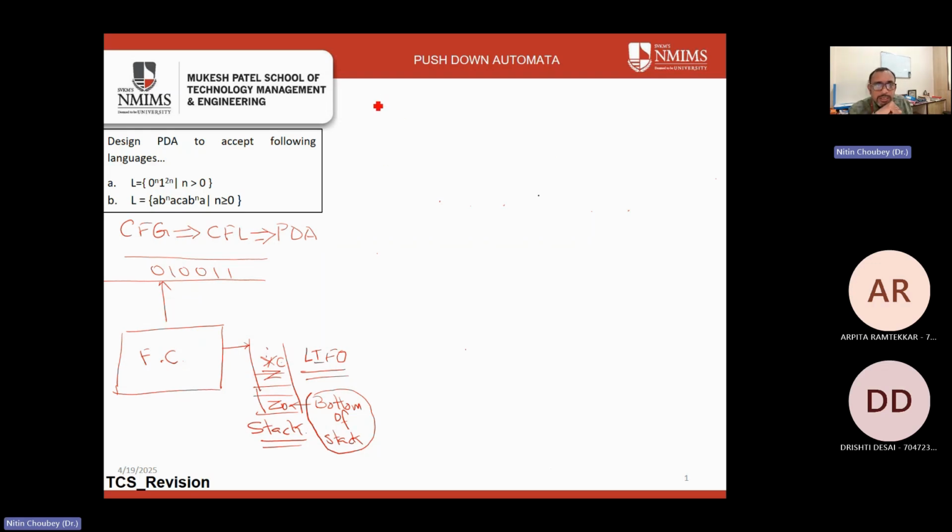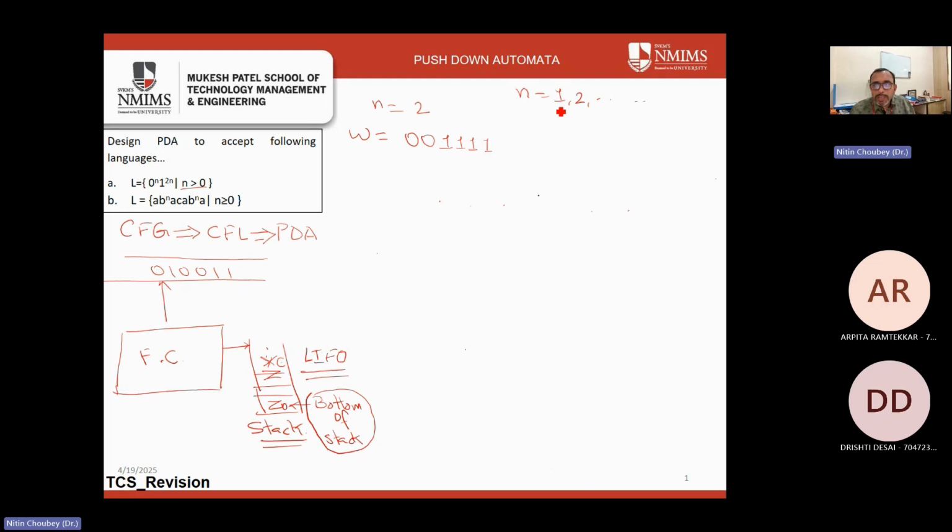So if we take, say, n equals 2, our string w would become 2 times 0 followed by 4 times 1. Is this clear? And the condition mentions that n is greater than 0, that means the value of n would be 1, 2, and so on, can have any value.